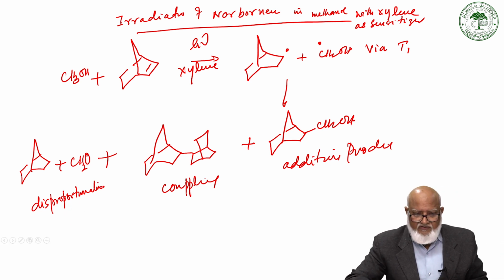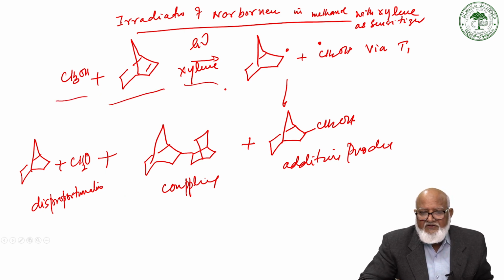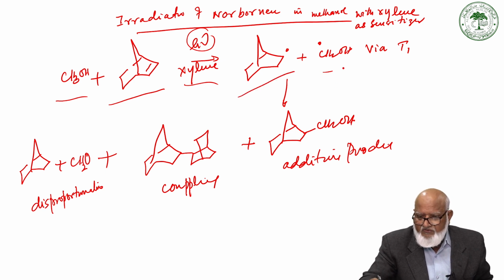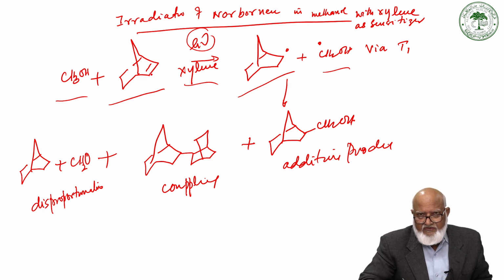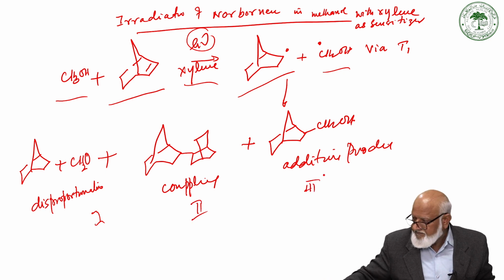So you can see norbornene in the presence of methanol and xylene as the sensitizer under photolytic condition generates a norbornyl radical plus a CH2OH radical from methanol by abstraction of a hydrogen atom by the excited state of the double bond, and then these radicals undergo different reactions. The products are the disproportionation product, the coupling product, and the addition product.